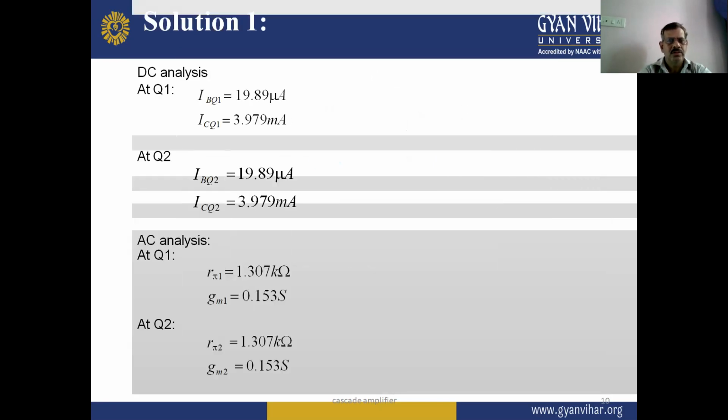So with the DC analysis of this given cascade amplifier, at the transistor Q1 we have the base current at the Q point IBQ1 equal to 19.89 microampere and ICQ1 equal to 3.979 milliampere.